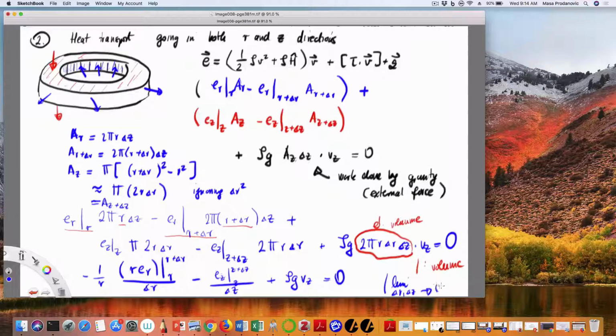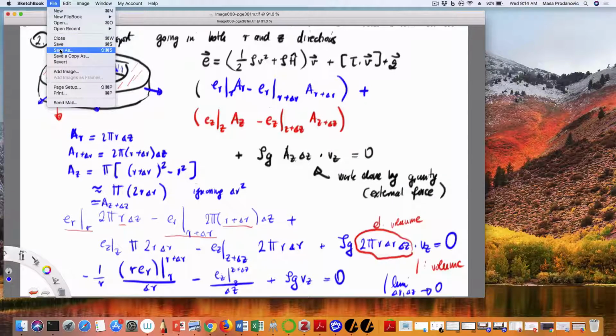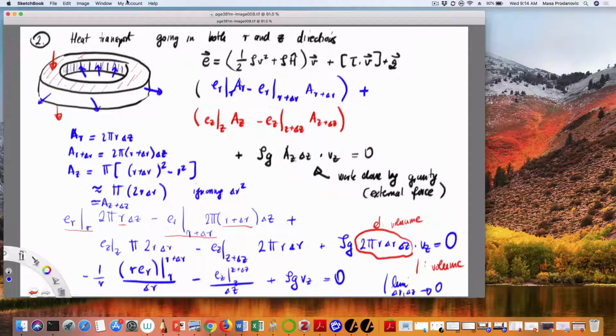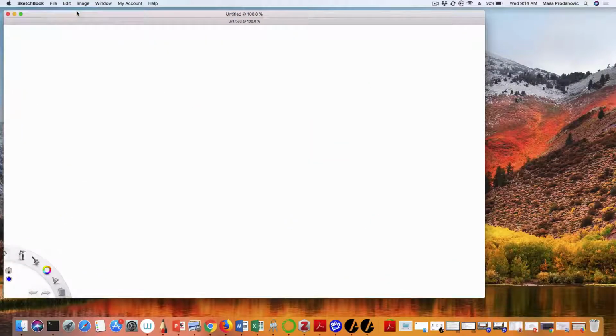We shrink now this shell, and we will get, when I shrink it, the partial differential equation plus rho g vz is equal to 0.